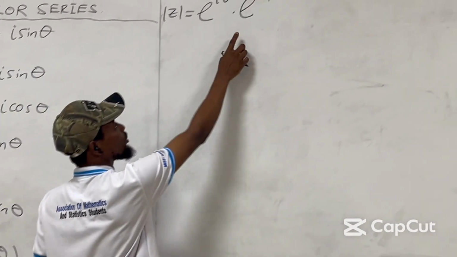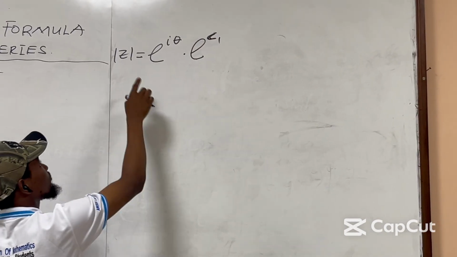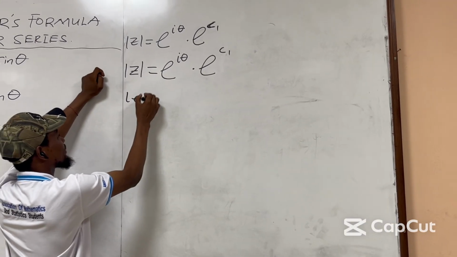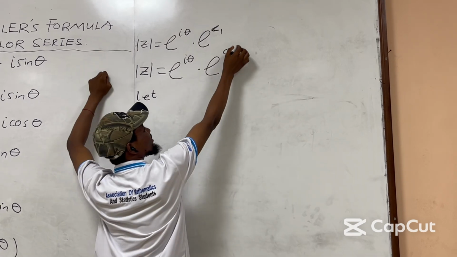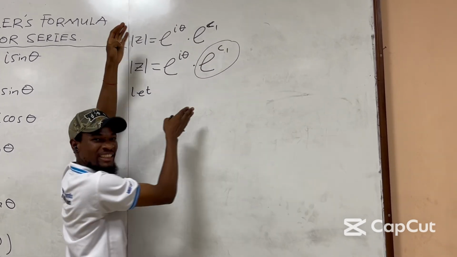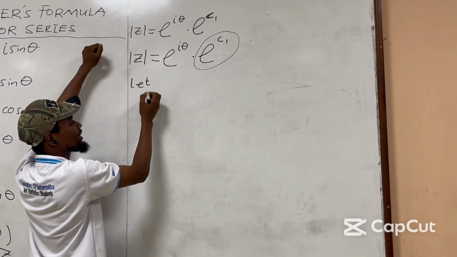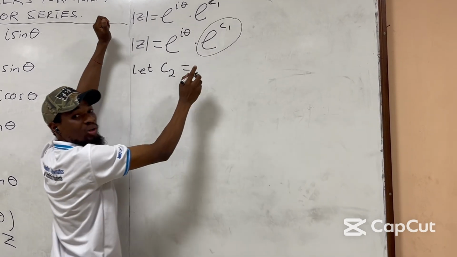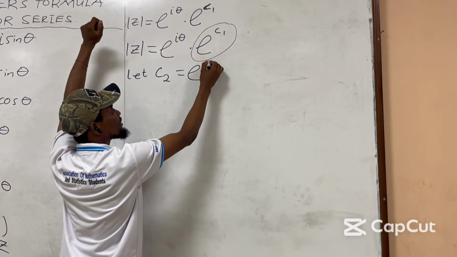Okay, so having said this, let the whole of this be a constant. So I can say let c2 represent the whole of the constant, e to the power c1.